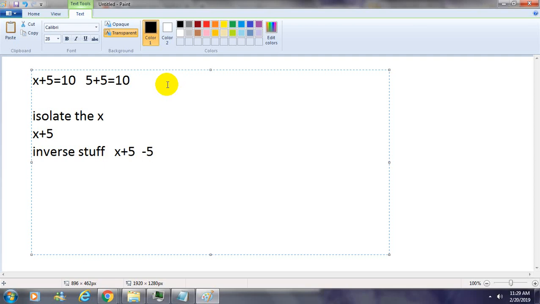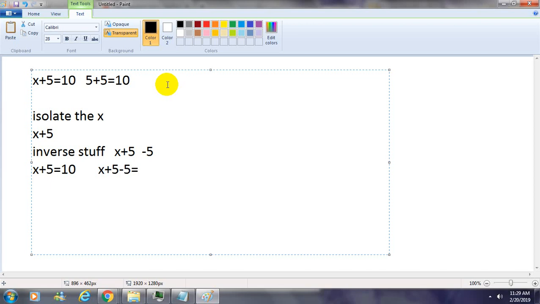Now let's just do this one methodically. If you have x plus 5 equals 10, and you want to get that x by itself because that's how you solve the problem, you have to do the inverse to the plus 5. So you have x plus 5, and then you do a minus 5.